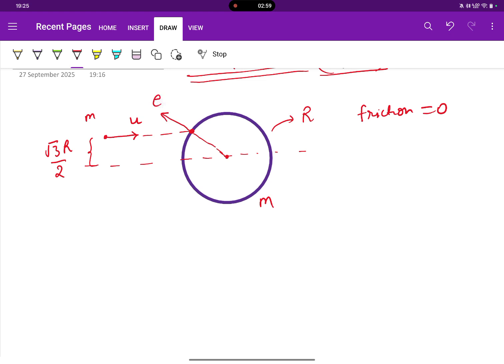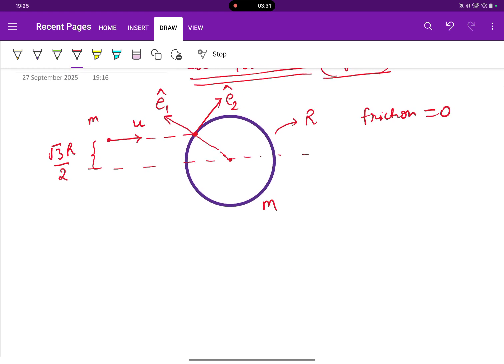So this is what I'm going to assume as E1 cap, unit vector in this radial direction, and I'm going to assume this as E2 cap. By the way, I have assumed E1 and E2 in this direction, which means if you are assuming E2 cap opposite to what I have assumed, then your sign convention will accordingly change.